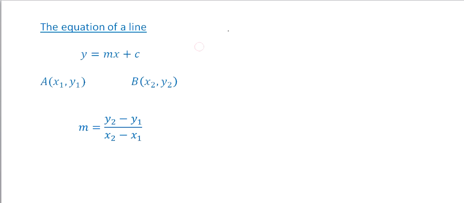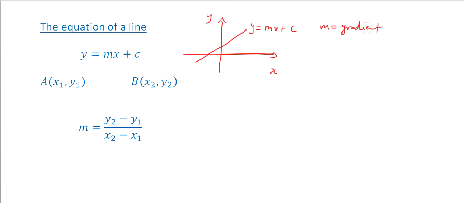Now, whenever you have a straight line, the equation of any straight line is of the general form y is equal to mx plus c, where m is a gradient and c is the y-intercept.